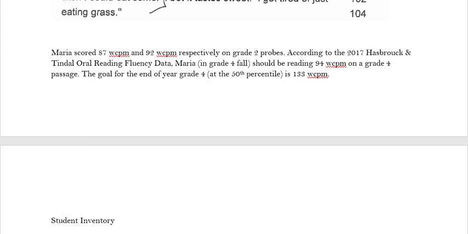To interpret the data here using the most recent norms from 2017, we anticipate that in grade 4, students should be reading 94 words correct per minute, and an end-of-year goal in grade 4 would be 133 words correct per minute. So we'd want to increase the text complexity and also the reading rate for Maria.